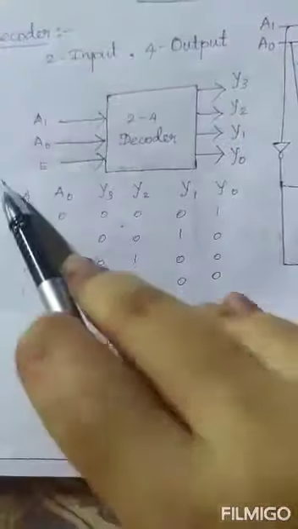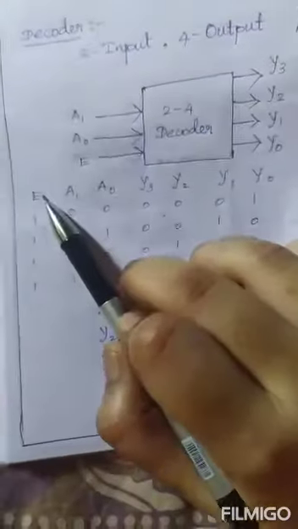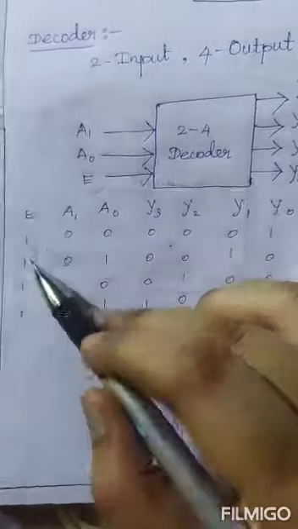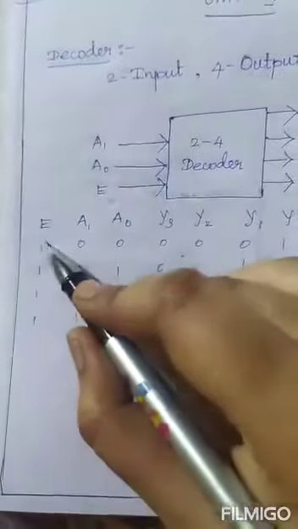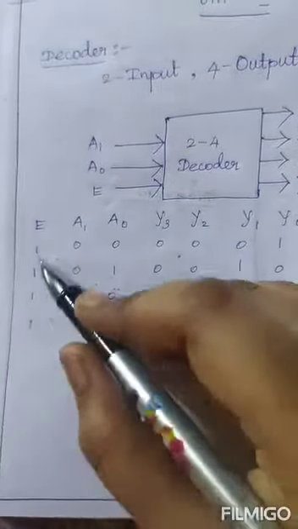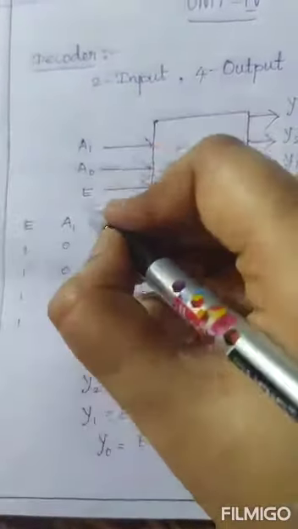Now we have to write the truth table for this 2 input and 4 output decoder. First I have written E in the first column. It means the current is fully true; it will always flow current. So everything in this column is 1111. Next, A1 and A0 are the 2 inputs we give.